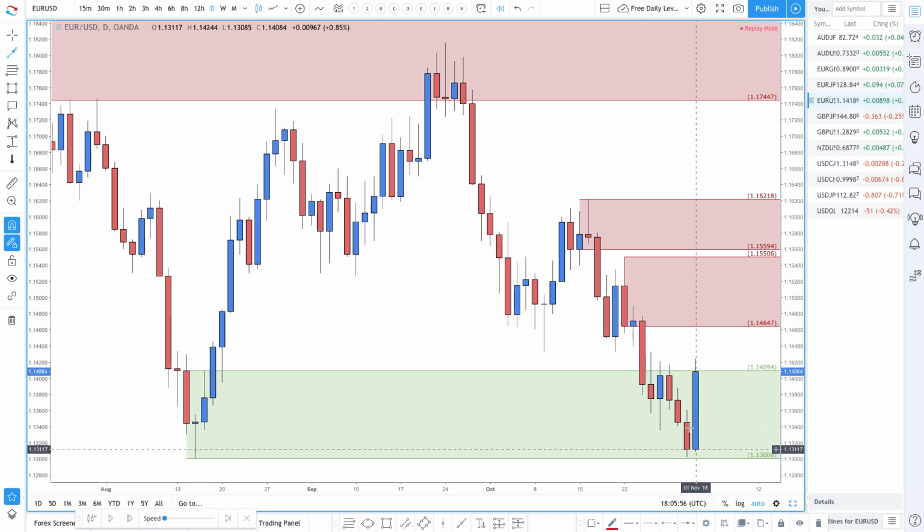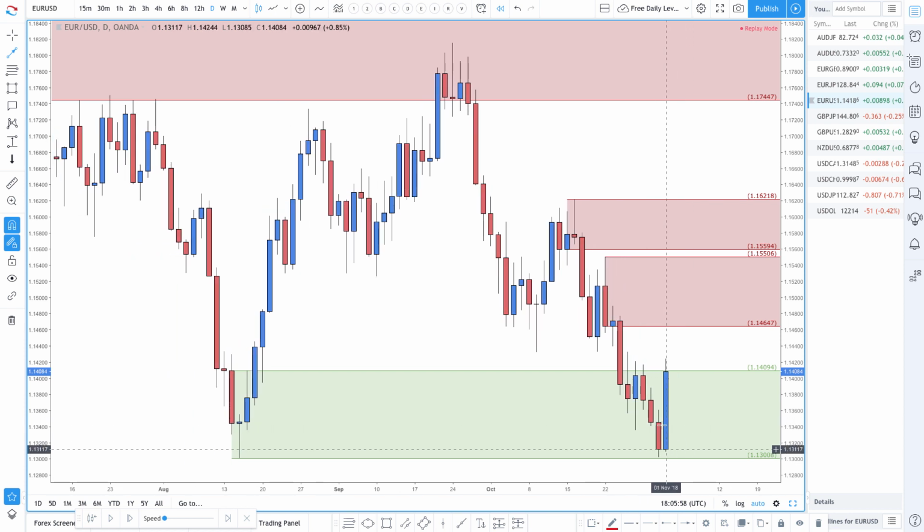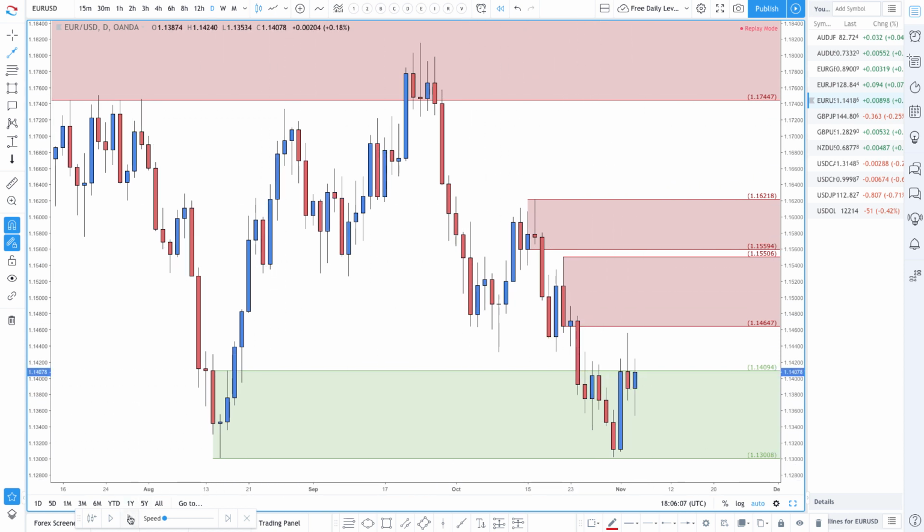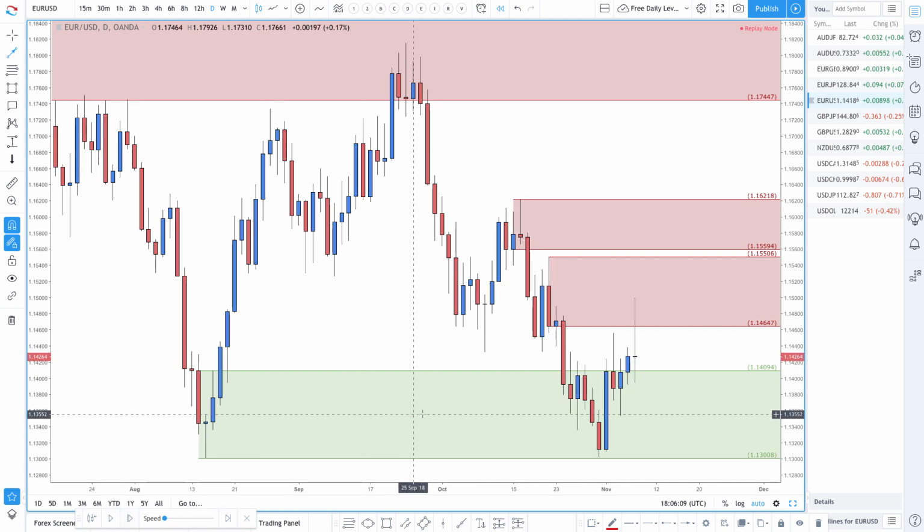Some people will obviously take advantage of lower time frame trading within this area and probably did make some sort of profit as prices went higher, but again, was that the best trade to take, knowing the backdrop and the uncertainty that is going on? For me, it's not the best trade to take.